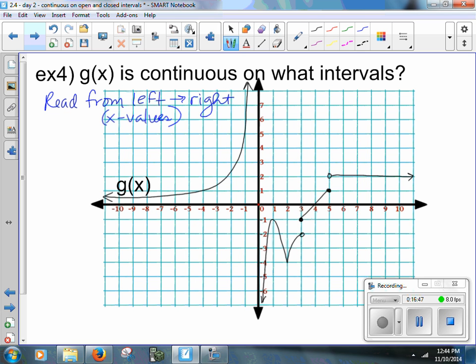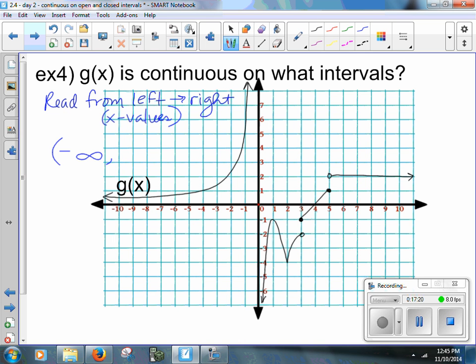Now, what are we going to do? Where's this graph curve coming from? Negative infinity. So it is coming from negative infinity to where? 0.